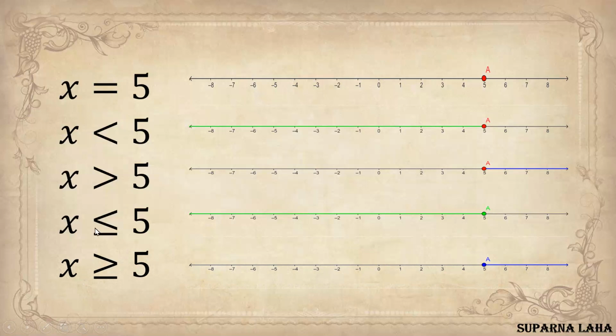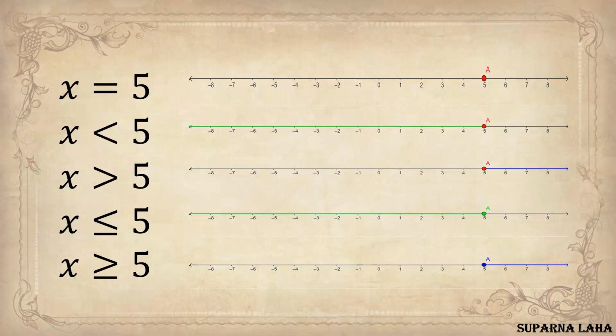So these 4 types of equations will be called inequalities, where we are not putting equal signs, we are putting the inequality sign, that is less than, greater than, or less than equal to, or greater than equal to. So we need to solve some such inequalities, maybe of 1 variable, 2 variable.